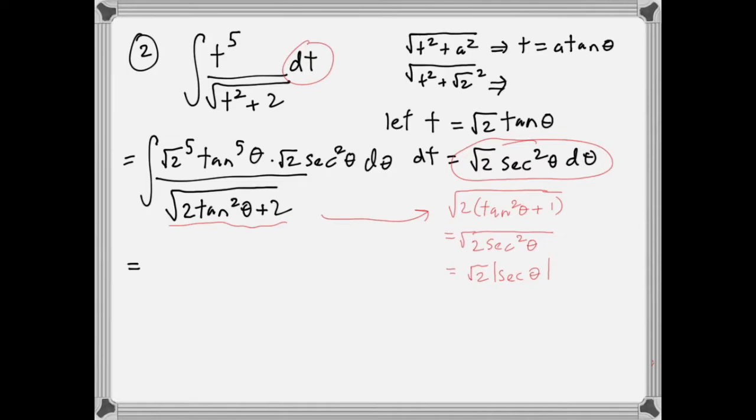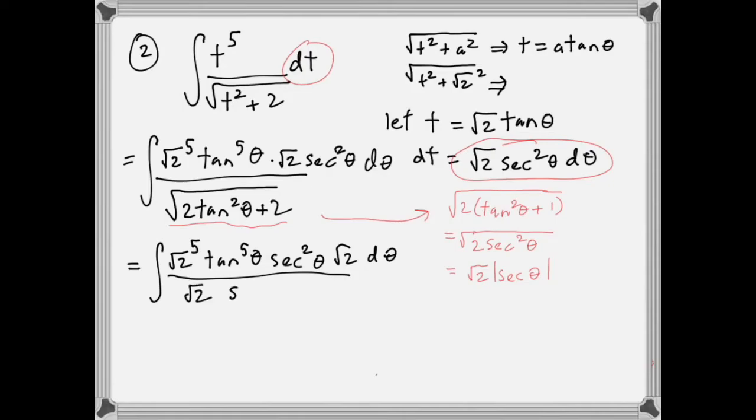How many square root of 2's do we have on the top? We have tan to the 5th theta, secant squared theta, then we have another square root of 2, and then on the bottom, we now have a square root of 2 and a secant theta.